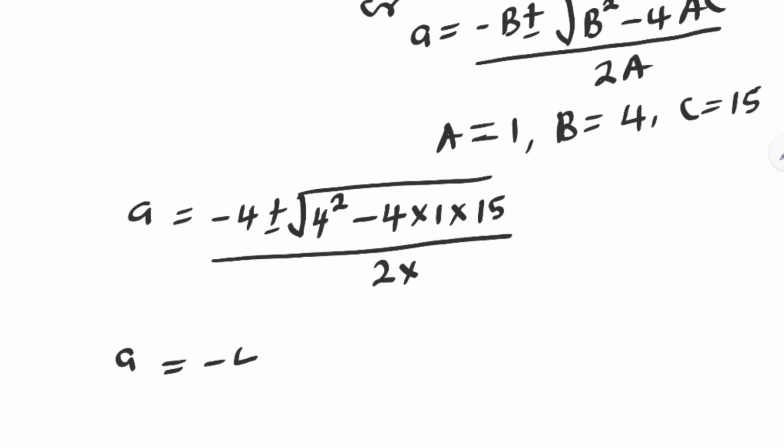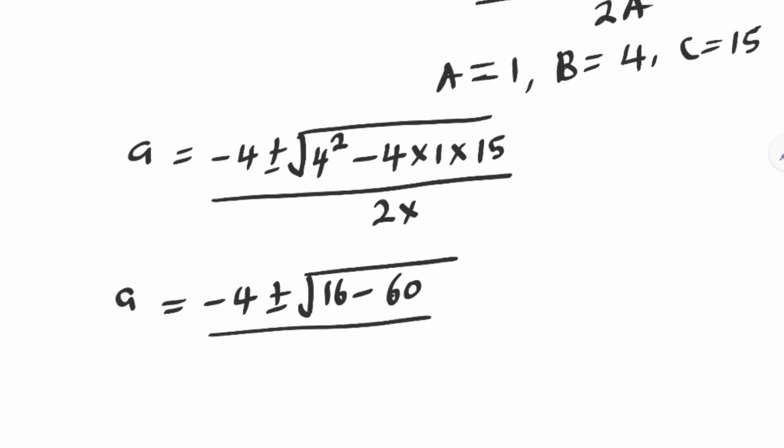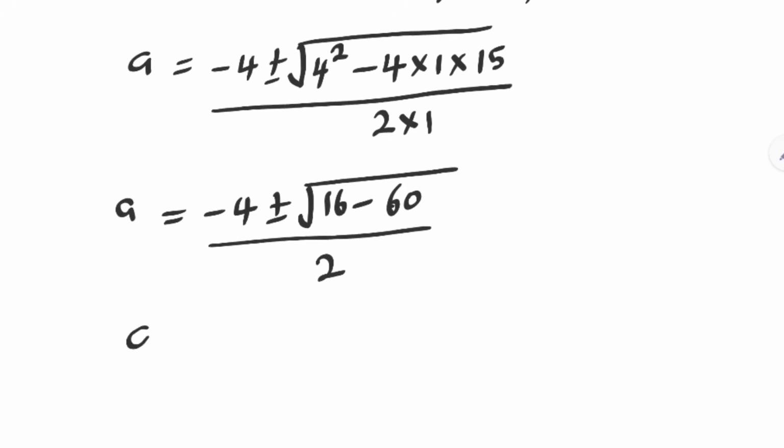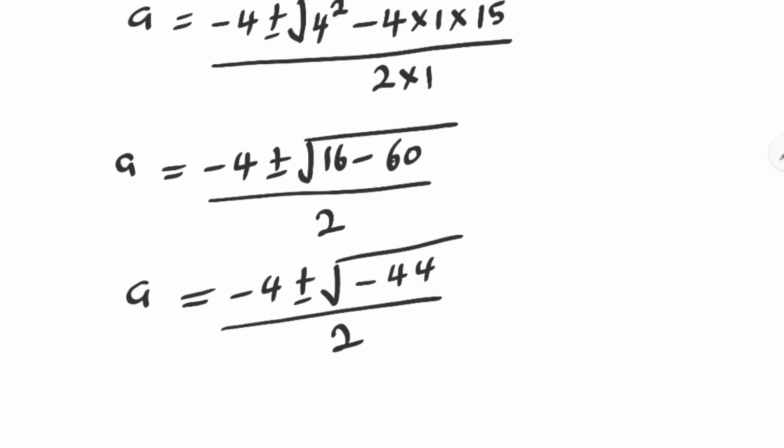A is equal to minus 4 plus or minus square root of 4 square, that is 16, minus 4 multiplied by 1 multiplied by 15, that is 60, over 2 multiplied by 1, 2. A is equal to minus 4 plus or minus square root of 16 minus 60, that is minus 44, over 2.